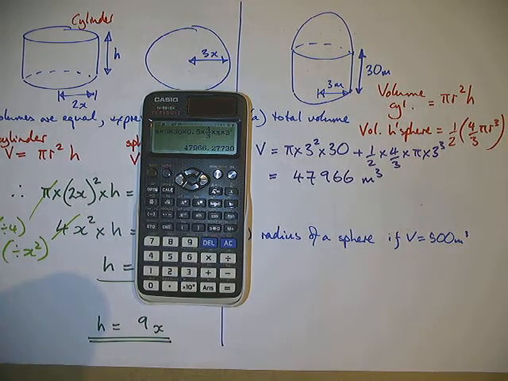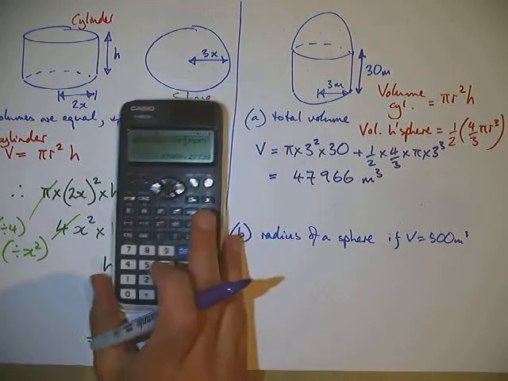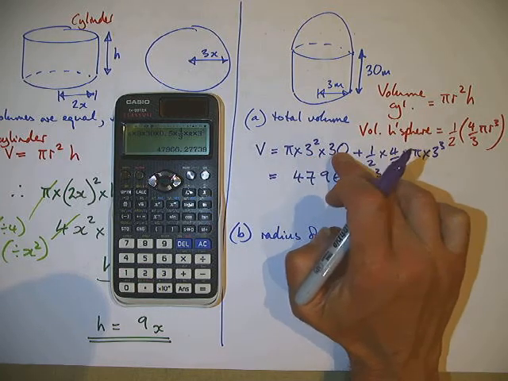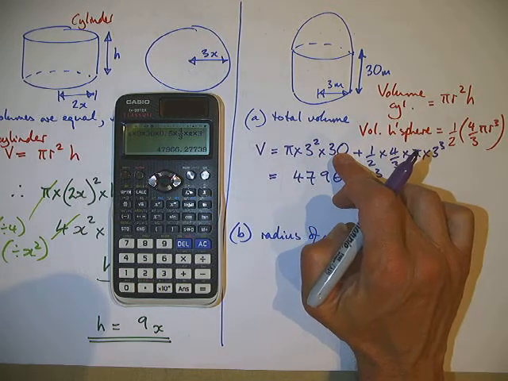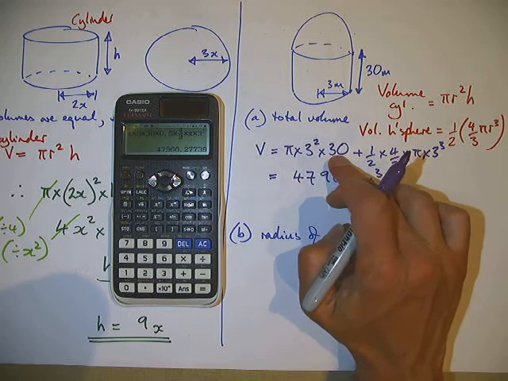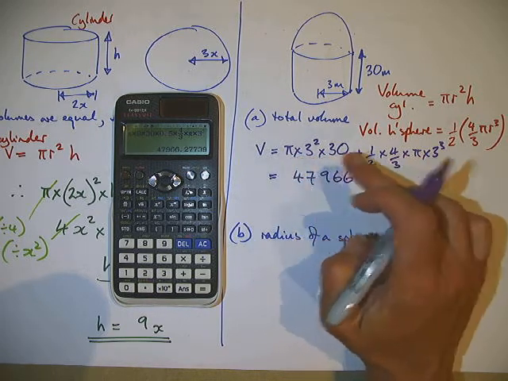Which doesn't match anything to do with that answer on the PowerPoint, but I didn't write the PowerPoint, so I'm not worried about that. Let's just double check. That would be 9 times 30 on its own, which is 270 times another.